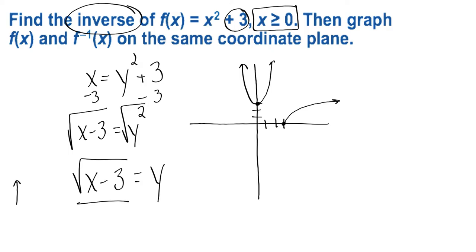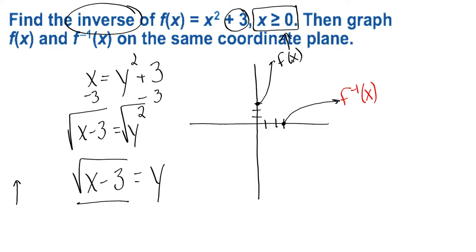Well, since I followed this restriction with my square root graph, I have to follow that restriction with my x squared graph because I don't want the negative version of that. Okay? Then, that is the way the graph looks. This is the inverse. This is the normal one.